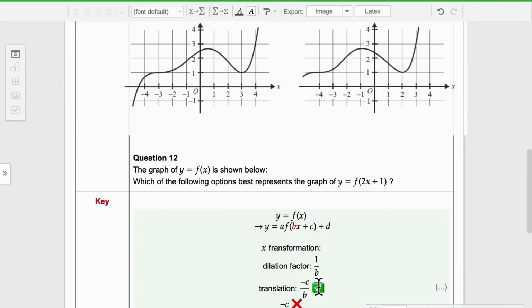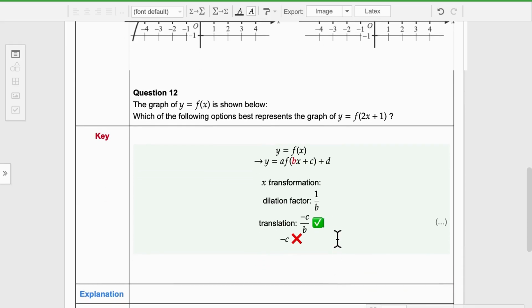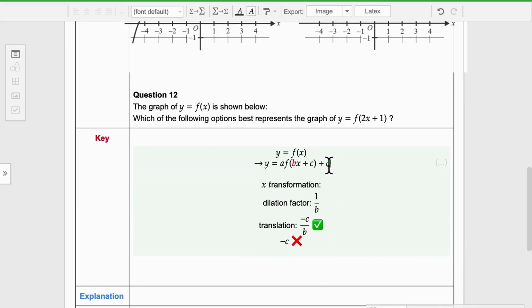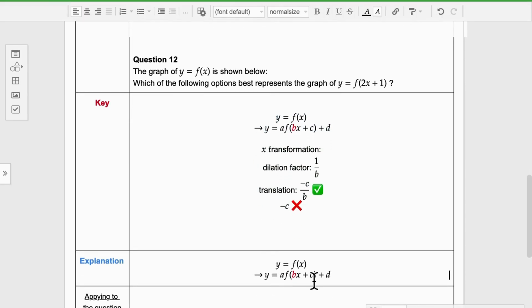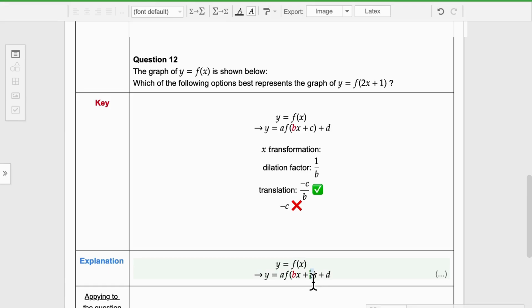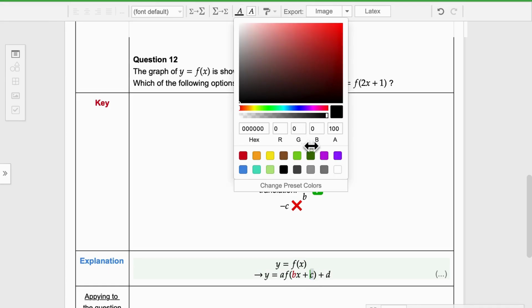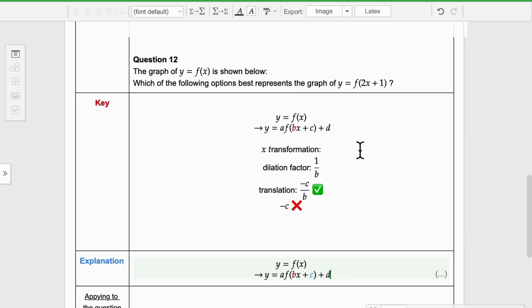Now you may ask why is it the case, so I will explain here. Let's say we have this transformation. Why is it that the translation is negative c over b? It all boils down to the equation of transformation.